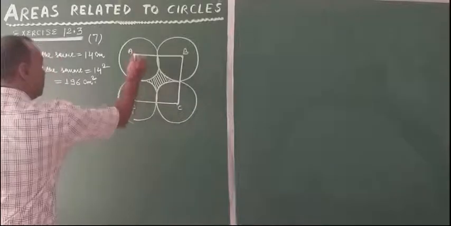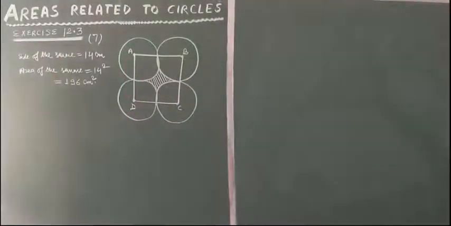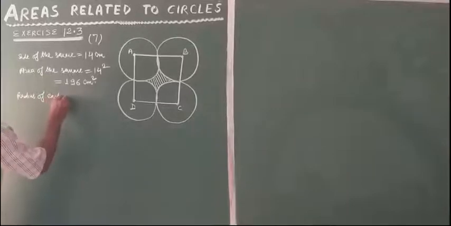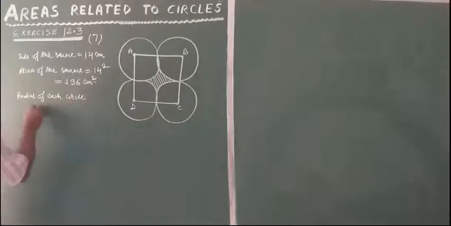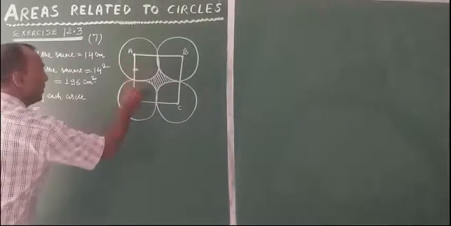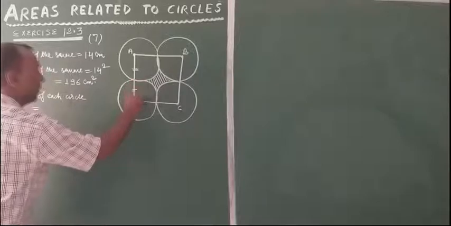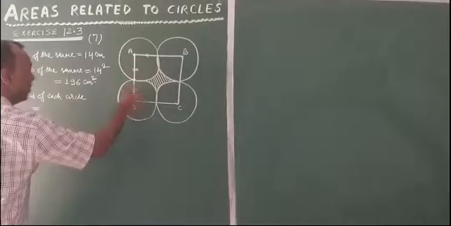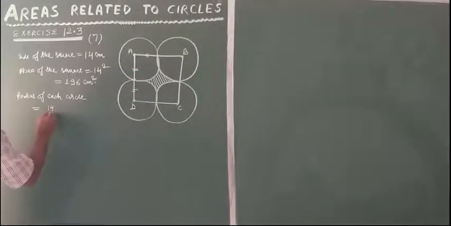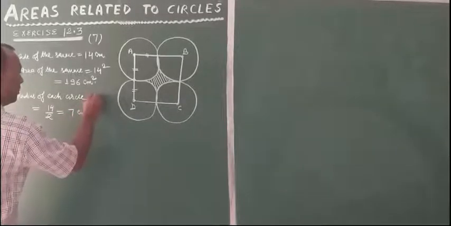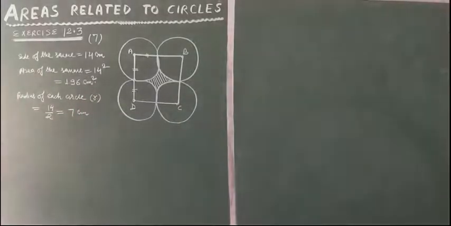So since this total side is 14 centimeter, therefore radius of each circle, since this distance and this distance is given equal, so this will be the radius. So what will be this radius? 14 upon 2, that is 7 centimeter. Radius of each circle R is 7 centimeter.